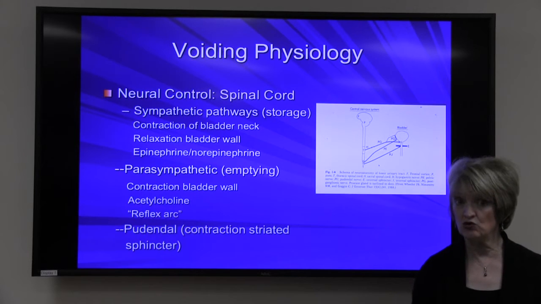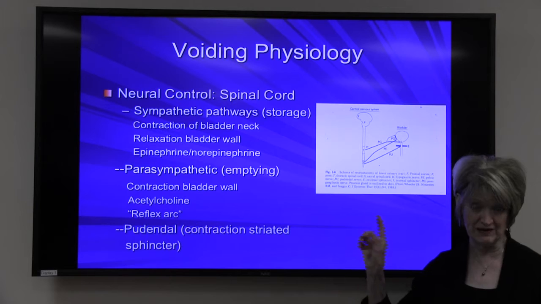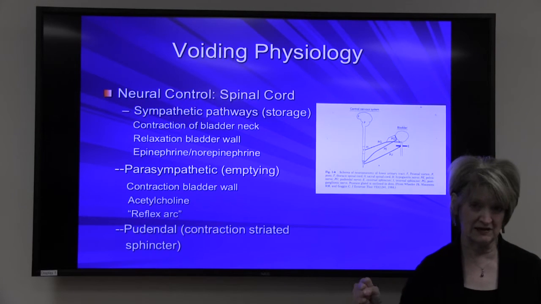So we have no drugs that are FDA approved for management of incontinence that work by tightening the bladder neck and relaxing the bladder wall. Any drugs that are used are off-label.